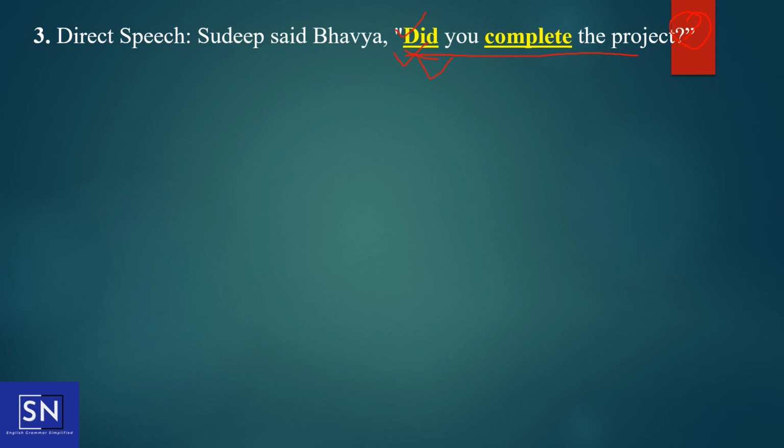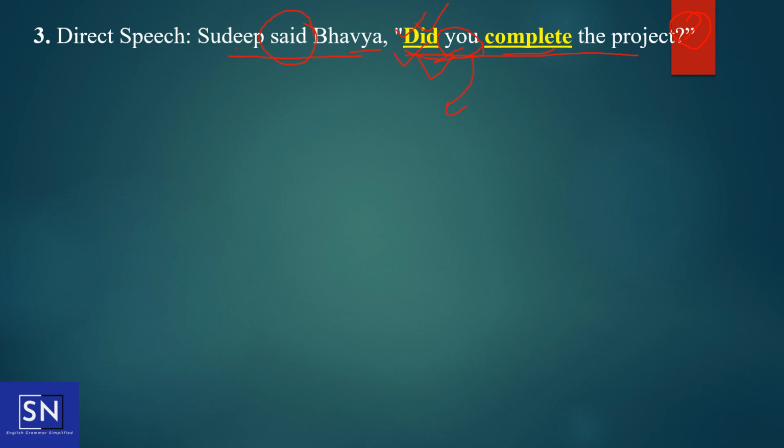So now again apply all the rules. Said will change to asked. Sudeep asked Bhavya. Then the subject. What is the subject? You. You refers to whom? Did you complete the project? You is referring to Bhavya. That means she. Then did will change to past perfect tense, had. Complete will change to completed.